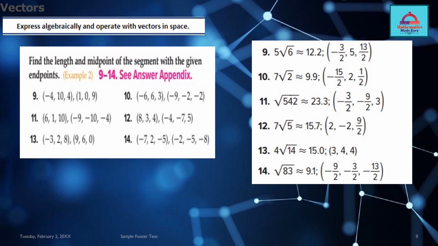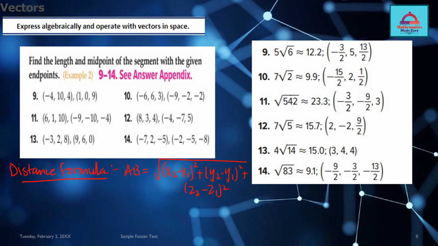Questions 9 to 14 are very easy. We just have to use two formulas. One is the distance formula, one is the midpoint formula. So let me write the formula here. For the distance, we use the distance formula, which is the vector AB is equal to the square root of x2 minus x1 whole square plus y2 minus y1 whole square plus z2 minus z1 whole square.